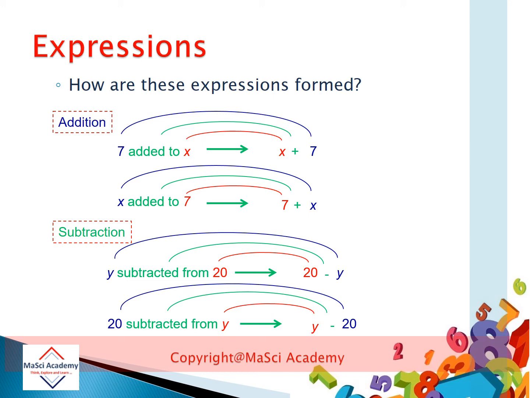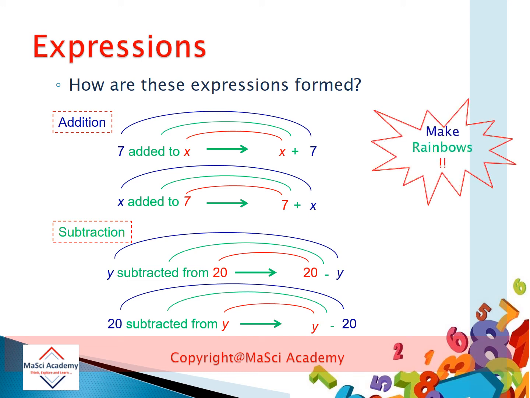So if we do not follow the rainbow technique, we might land up making wrong expressions. Y subtracted from 20 is different from 20 subtracted from y. Always make rainbows when trying to make expressions from phrases mentioned in any word problem.